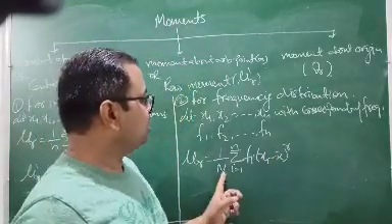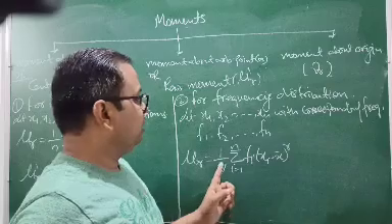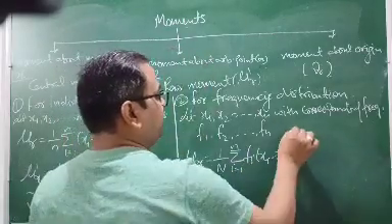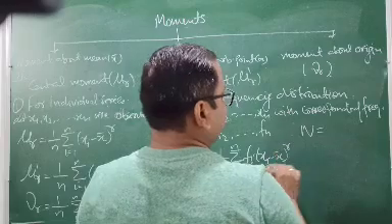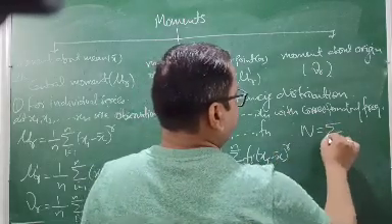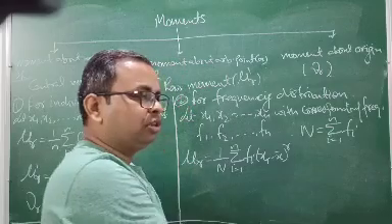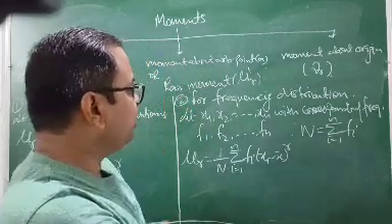Here capital N is the sum of all the frequencies, that is, capital N is summation i from 1 to n of fi.